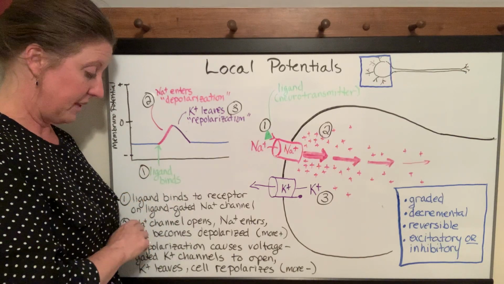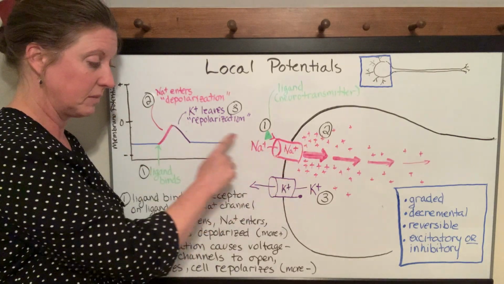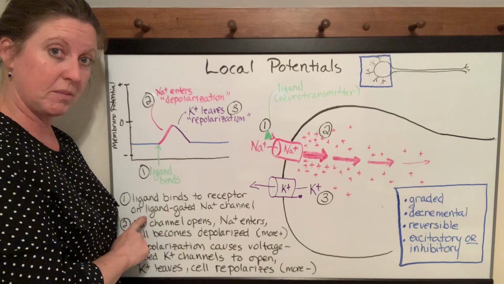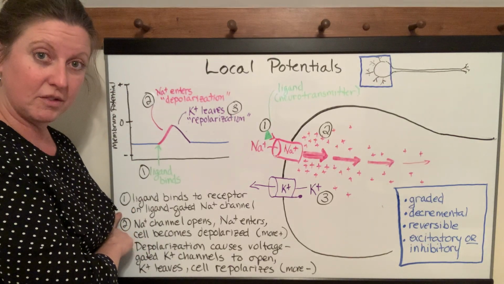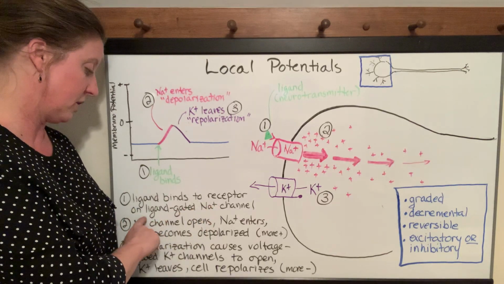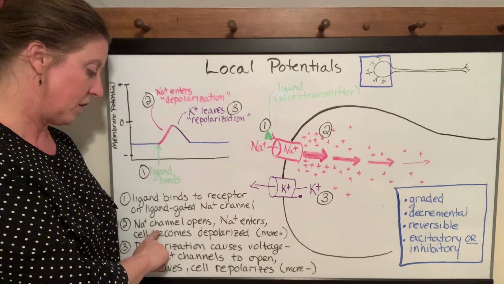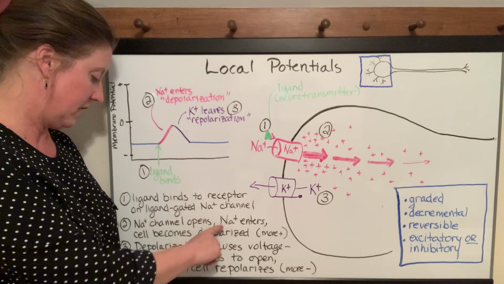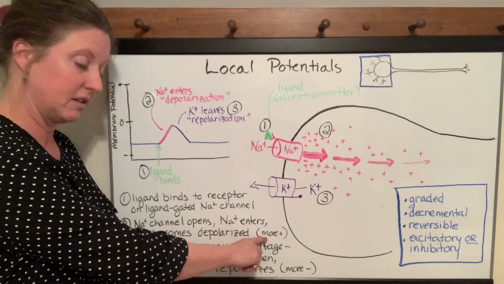Now, I've written out the steps here and numbered them on the diagrams so that you can put them all together. I'll read this because I'm not sure if you can read it when the video is playing. Step 1 says ligand binds to receptor on ligand-gated sodium channel. Step 2, sodium channel opens, sodium enters, cell becomes depolarized or more positive.